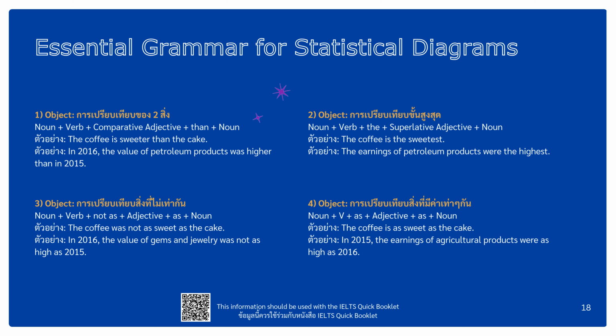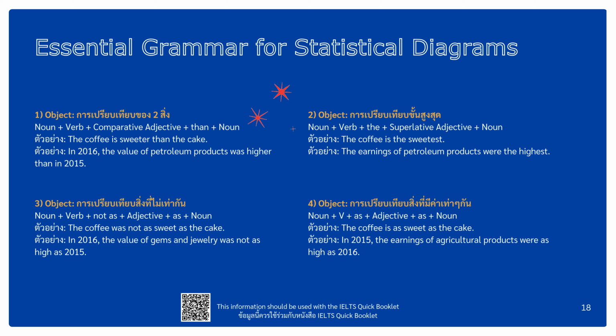Number 3, comparing unequal things would require the use of the sentence pattern, noun plus verb plus not as, plus adjective plus as plus noun. For example, in 2016, the value of gems and jewelry was not as high as in 2015. This structure compares two things that are not equal in value or amount.